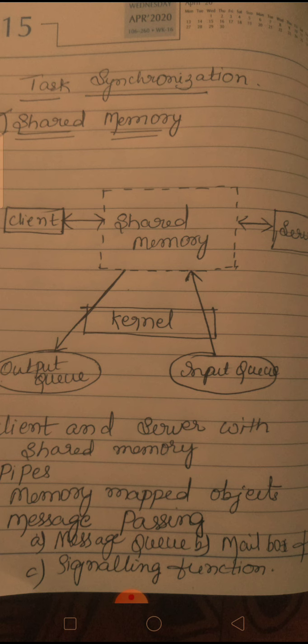On the receiving side, it consists of a source name, from where the data is coming, and the message, the content that is coming. So the two primitives are send and receive.